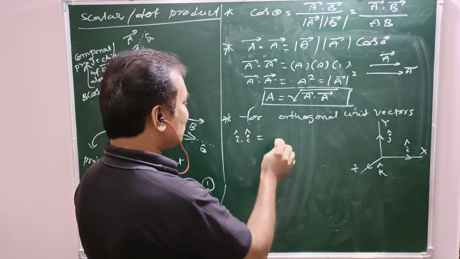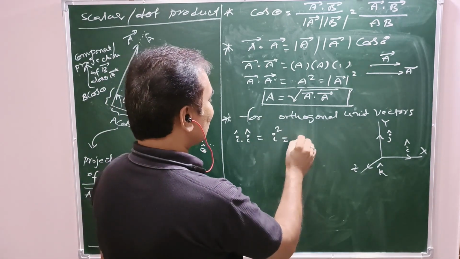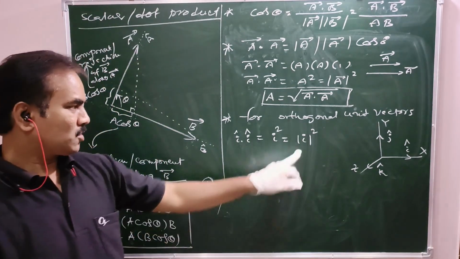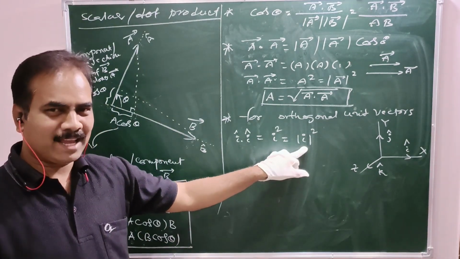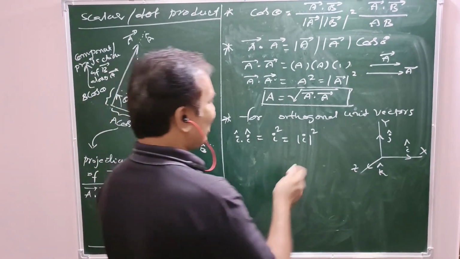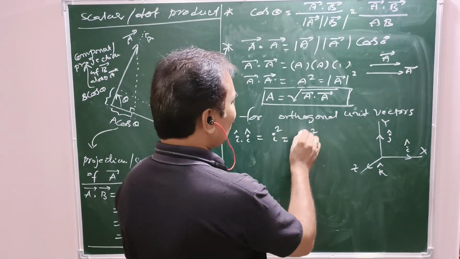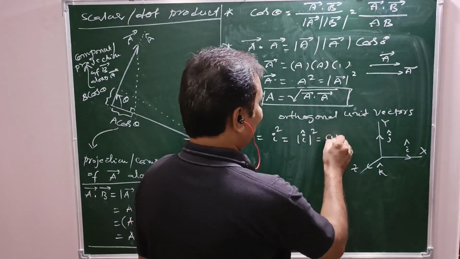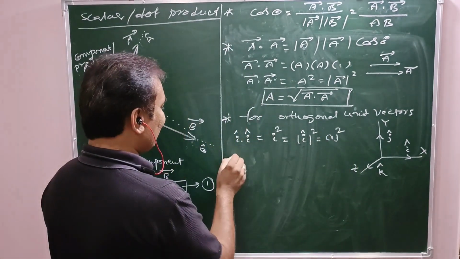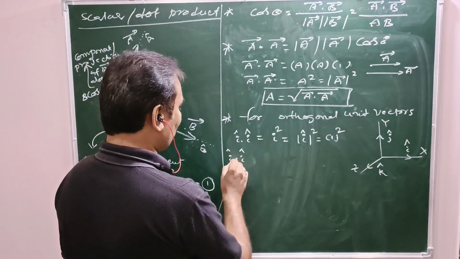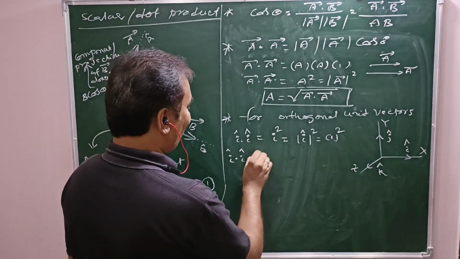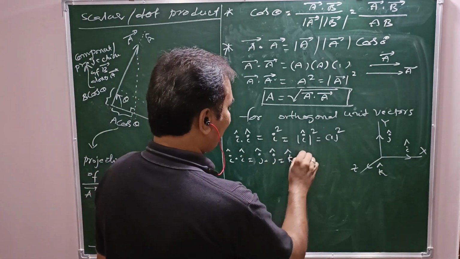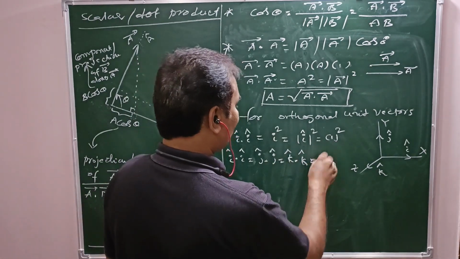That is mod i whole square. What is mod i? What is the magnitude of i cap? That is mod i cap means 1, unit vector. That is 1 square. So therefore, similarly, i dot i equal to j dot j also equal to k dot k also equal to 1.